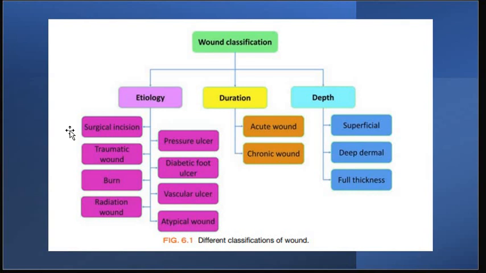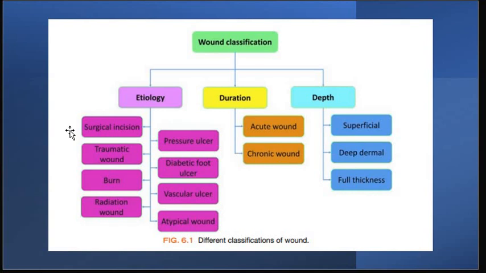Okay, in another scenario, a 70-year-old male who has diabetes, hypertension, and dyslipidemia, and who has been bedridden for the last 3 years, has a wound at his gluteal area since 10 to 15 days. Then we label it as pressure ulcer, and in brackets we classify it as superficial, deep dermal, or full thickness. Similarly, in a diabetic patient, if there is a diabetic wound over the foot, then we will know the duration of the wound.